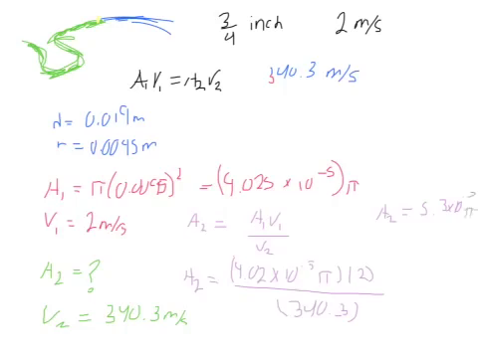And so that means that the radius equals 7.3 times 10 to the negative seventh meters, or 0.73 millimeters. Sorry, the radius equals 0.73 millimeters if the speed of the water is to be the speed of sound.